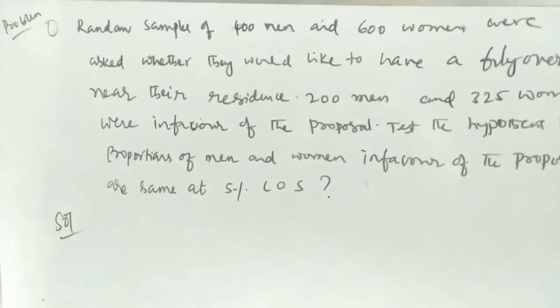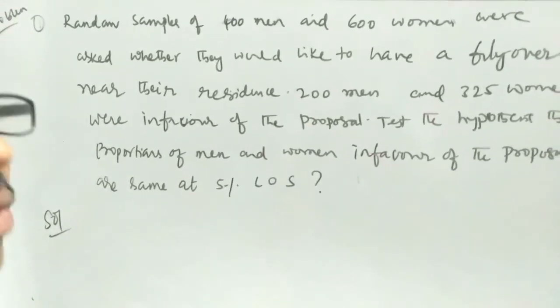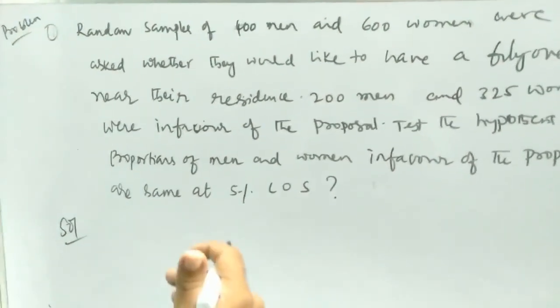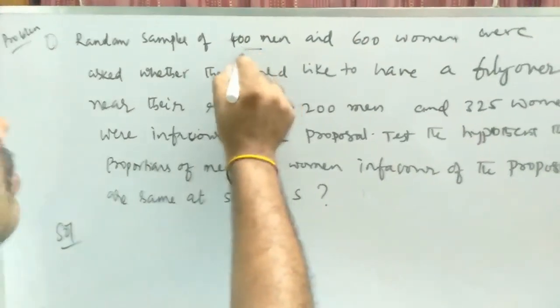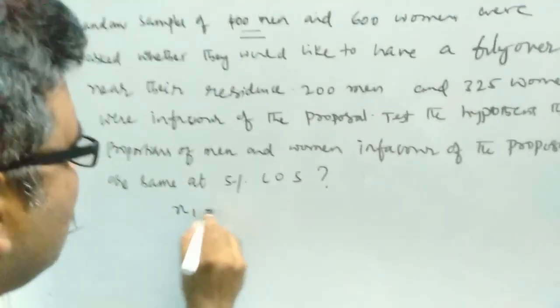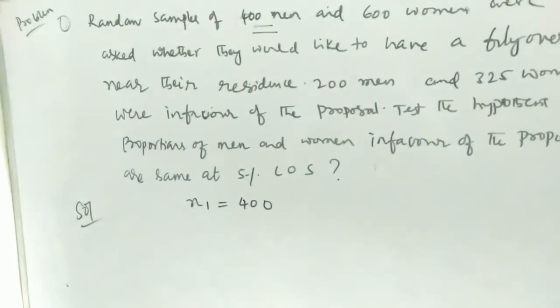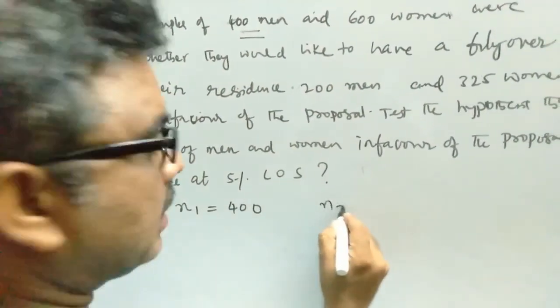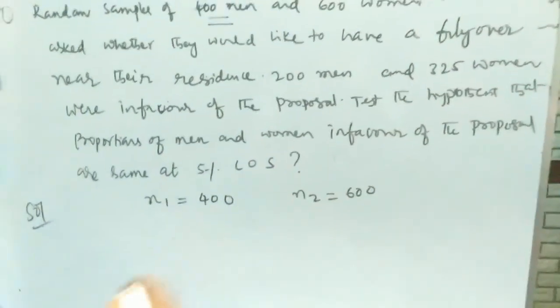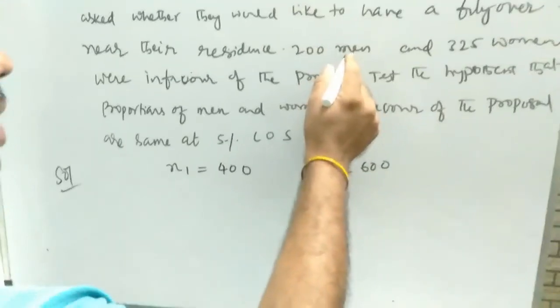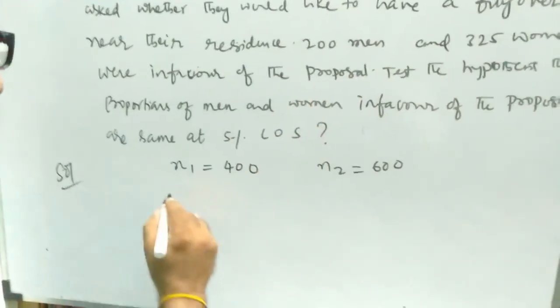Here there are two samples regarding one statement, one for men and the other for women. So n1 is 400 and n2 is 600, and out of 400, 200 men are in favor of the proposal.